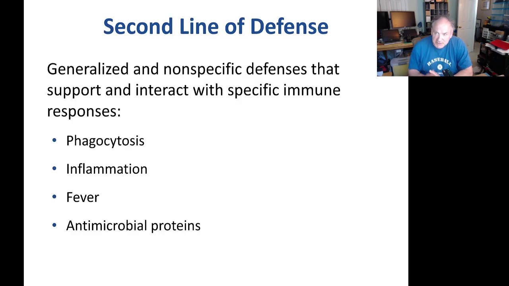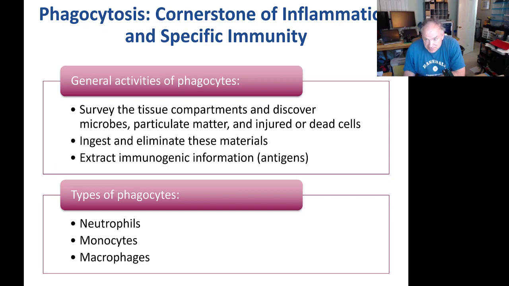Okay, so the second line of defense: we have non-specific and generalized types of responses from the immune system itself, and these include phagocytosis, inflammation, fever, and antimicrobial proteins that are secreted.